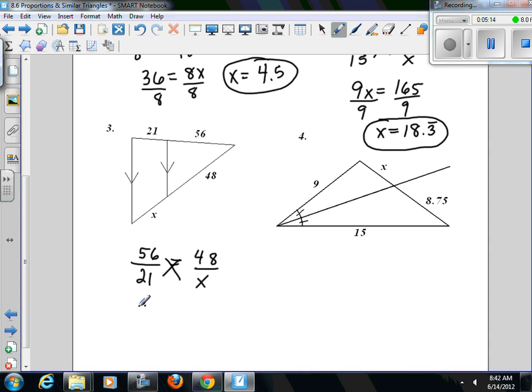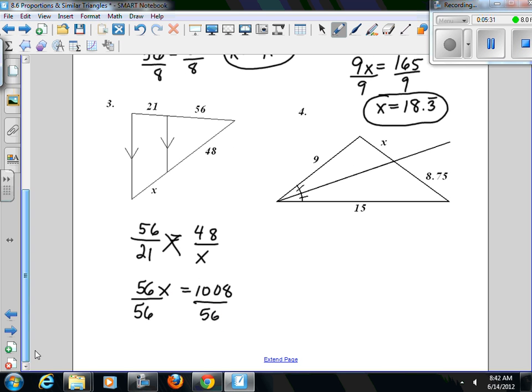So we have 56 times x is 56x, and 21 times 48 gives us 1008. We want to divide each side by 56. And we get that 1008 divided by 56 is 18. So our missing number is 18.